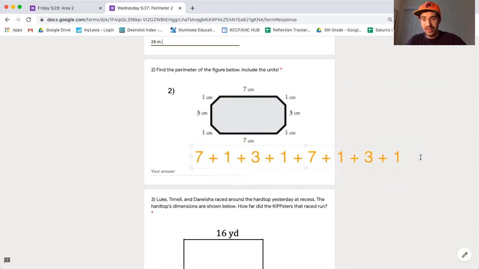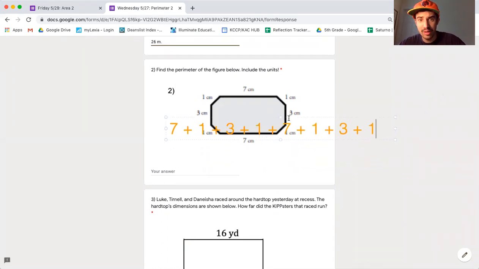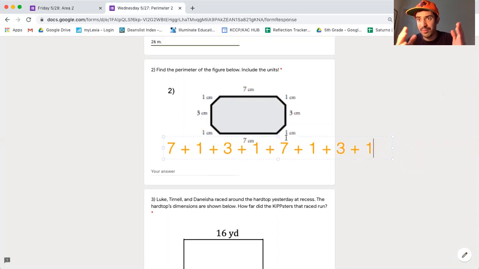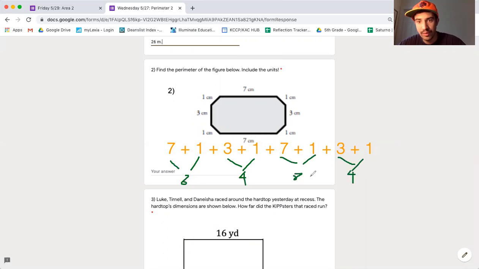Now this is a lot of numbers to add together, so I'm going to do the same thing that I did last time, adding a couple of numbers at once and then using those together to make the problem smaller and smaller. So 7 plus 1 is 8, 3 plus 1 is 4, 7 plus 1 is 8, 3 plus 1 is 4.